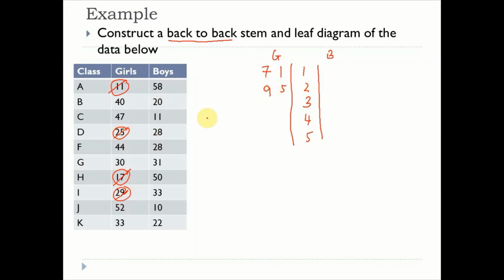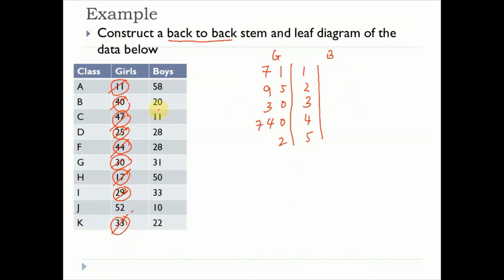Okay, and then kita continue. So 3 is 30 and 33. So should be 0 and 3. And then for 4 is 40, 47, 44. So pada dulu 0, 4, 7. And the last one is 2.